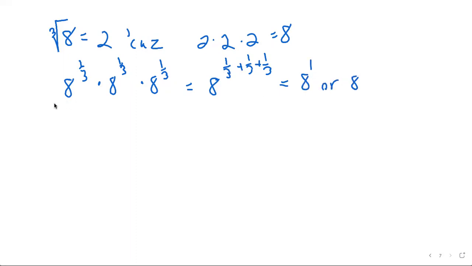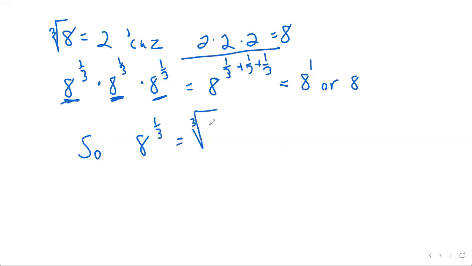And so again, whatever this 8 to the 1/3 power is, it has the same property that 2 does, meaning that when you cube it or take it times itself 3 of it, you get 8. So that means that 8 to the 1/3 is also a cube root of 8. And so now we have that 8 to the 1/3 actually means a cube root of 8.